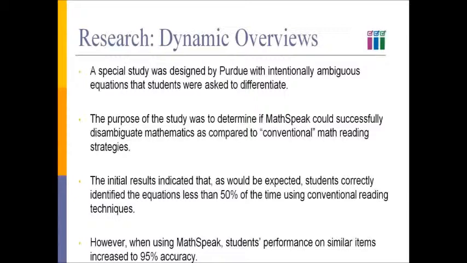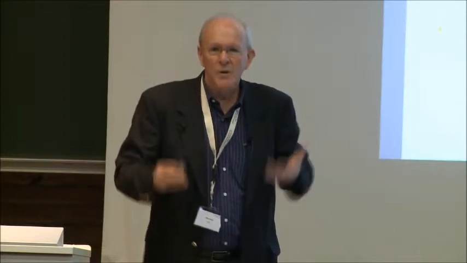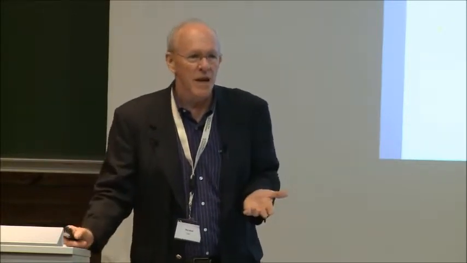The purpose of this study was to determine if MathSpeak, which is the name of the technology that uses those 3 different levels of rendering and description, would help separate and make more accurate the reading. The initial results indicated that, as would be expected, students correctly identified the equations less than 50% of the time using conventional reading. So much as we did in that first example, you had a 50% chance of being correct.